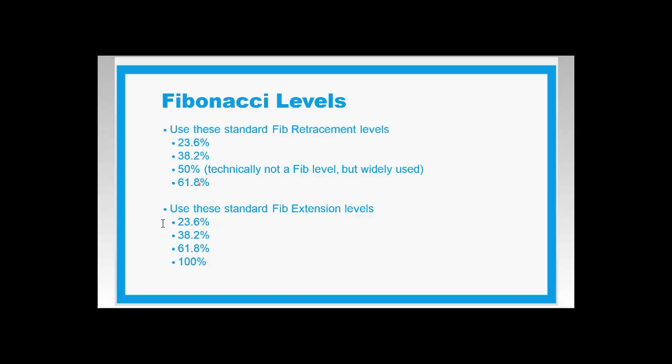And then 61.8%. On the upside, for a bullish position, I then use extensions at 23.6%, 38.2%, 61.8%, and 100%. In TC2000, I actually have an extra spot available, so I throw 161.8 onto that list. So that's what I use, and it's pretty straightforward.